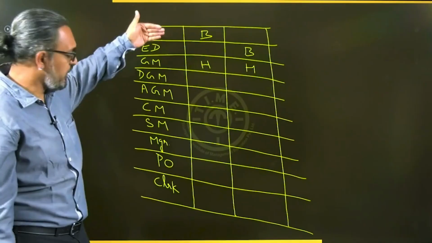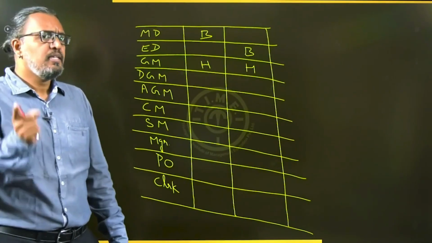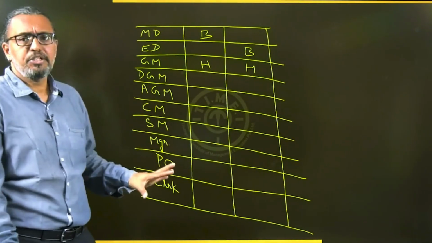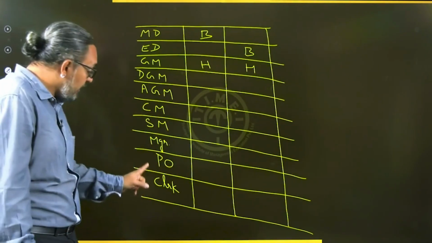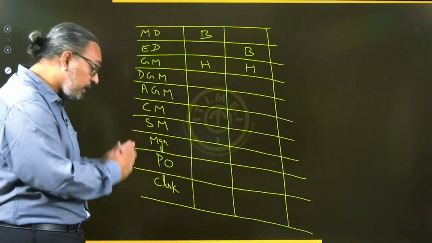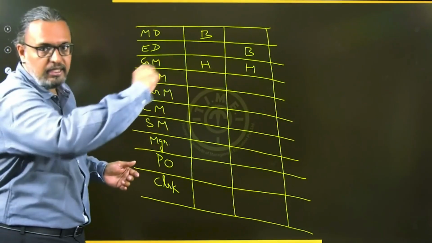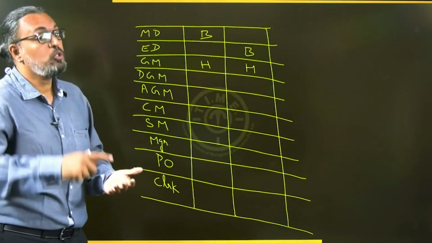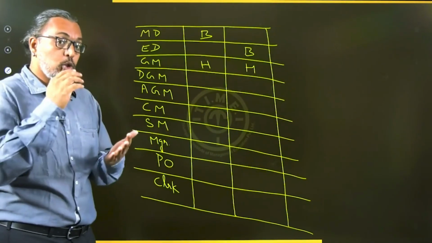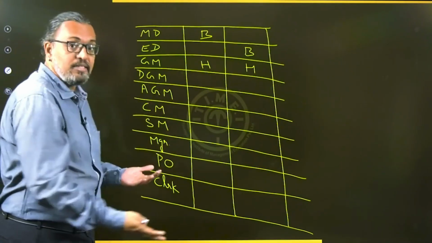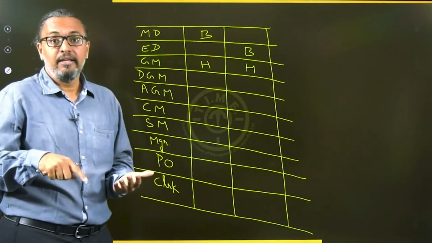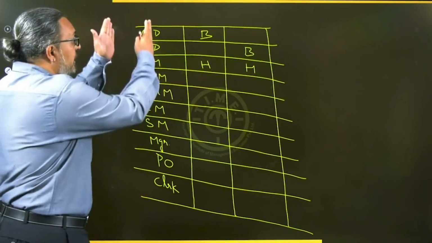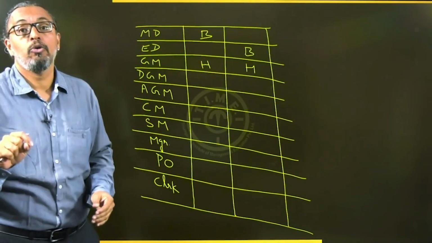Correct? MD is the senior most, clerk is the junior most. See, sometimes what happens in the designations, he may give it in the reverse. The designations will be starting from clerk, PO, manager, like that he will give the order. And then in the note he will say clerk is the junior most, MD is the senior most. So, whether it is given in the decreasing order or in the increasing order, we always arrange the designations in the decreasing order only.